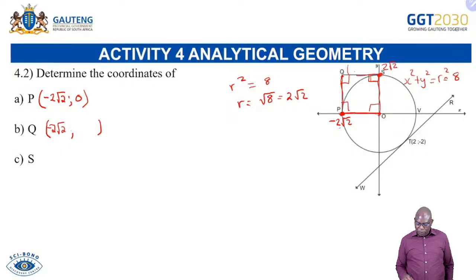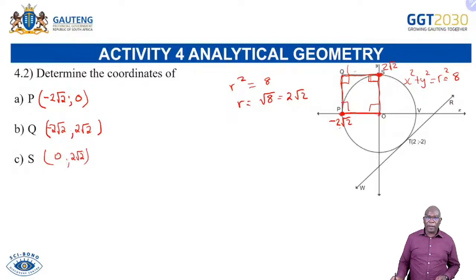Nice. Love these questions with coordinates. The S, we already got it. It will be (0, 2 root 2), because at S the y value is 2 root 2, but the x value is 0.